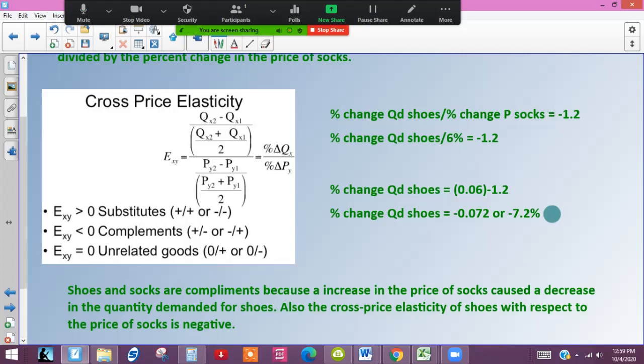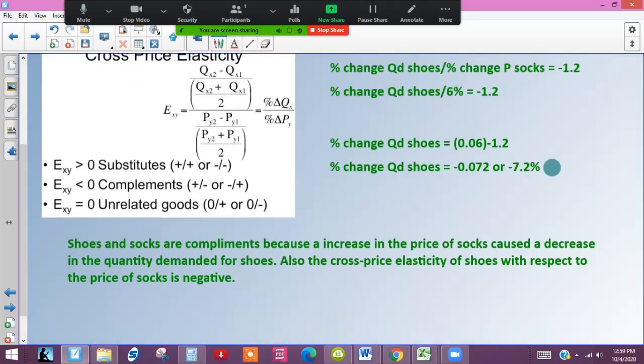If people can afford to buy fewer socks, they also end up buying fewer shoes, and that means they're complements. They have to be. So shoes and socks are complements because an increase in the price of socks causes a decrease in the quantity demanded for shoes.